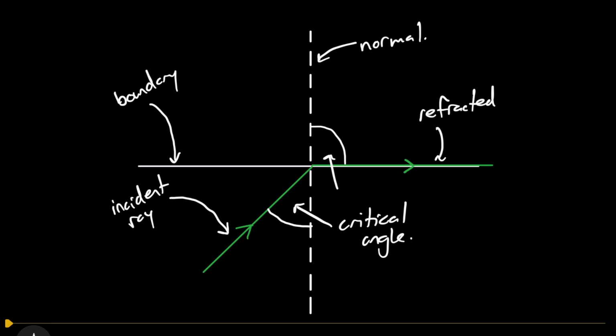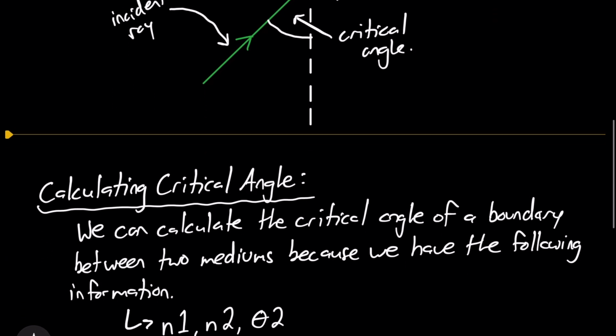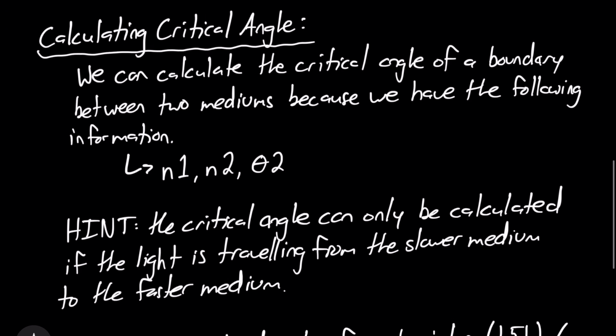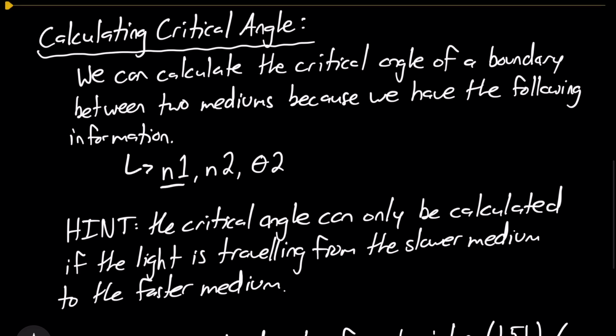Okay. So what we can do with this, we don't just have to draw diagrams, we can actually calculate the critical angle of different boundaries. We can calculate the critical angle of a boundary between two mediums because we will have the following information, as long as we know what both mediums are. We'll have the index of refraction for our first medium, the index of refraction for our second medium, and finally we'll also have the angle of refraction, or theta 2.